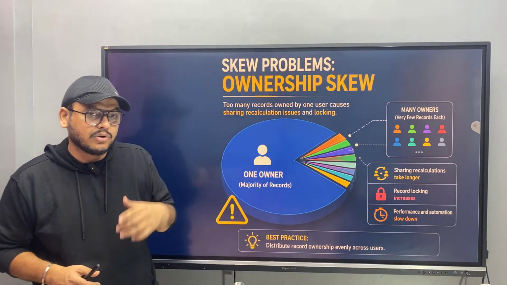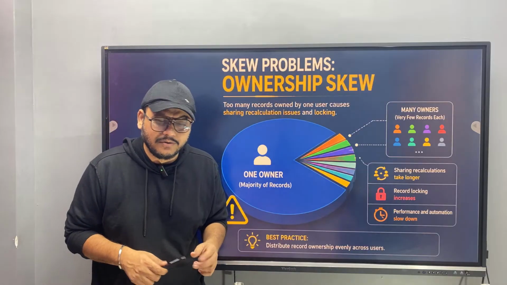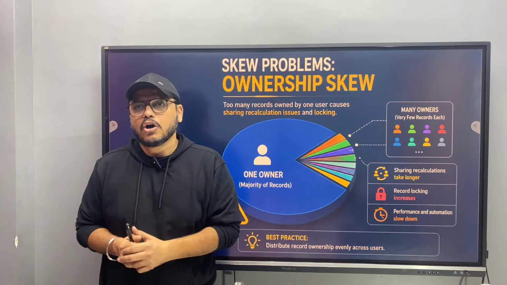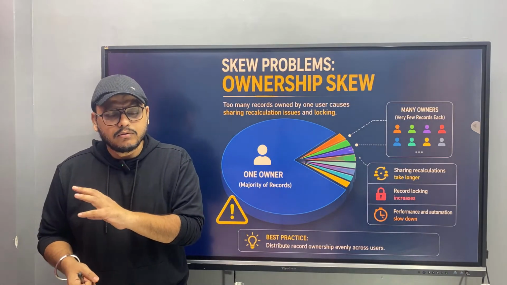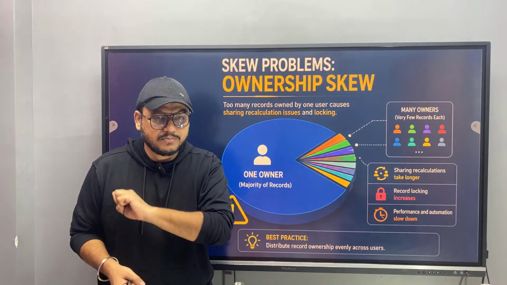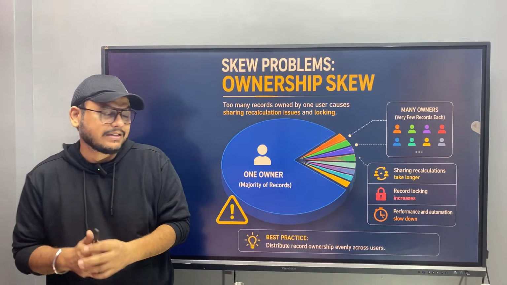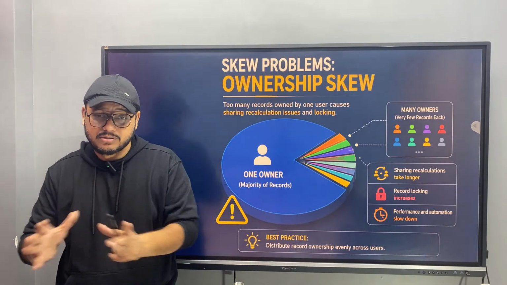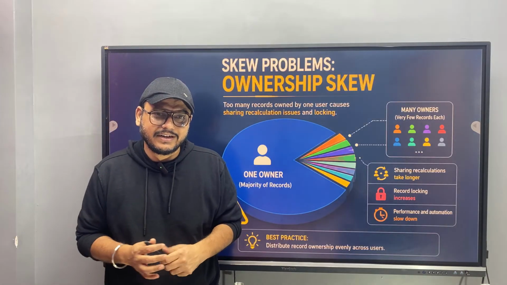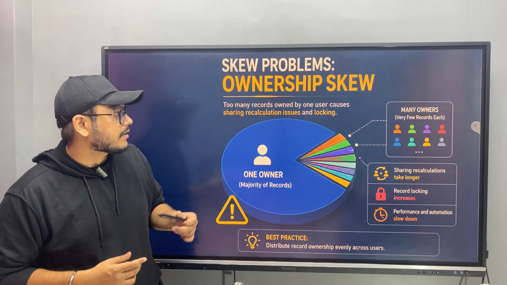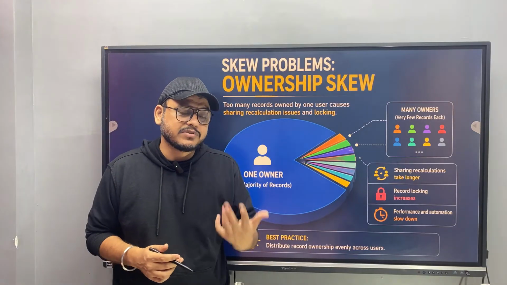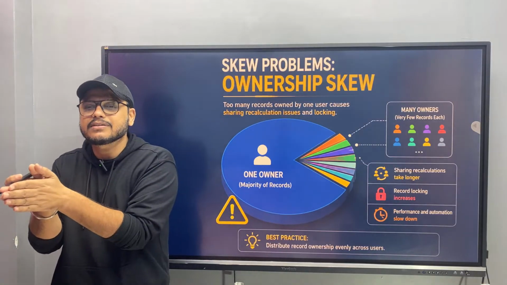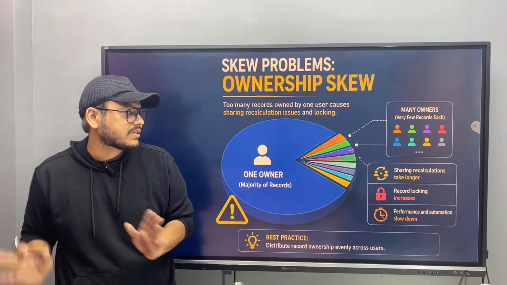Now, when does this scenario occur? You may be thinking, why would this scenario occur? A lot of companies do have some dummy user or a dummy owner, and whichever data is not assigned to anything is basically assigned to this particular owner. So that sort of concept. Usually it will not be that there is one sales rep who is dealing with, say, 70-80% of the data of the company. That would not be the case. But in most of the cases, this comes up where the company is not able to decide on something, and all this data where there is no decision is dumped into one single owner.